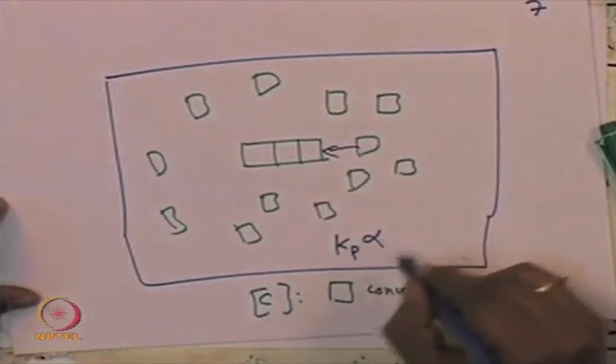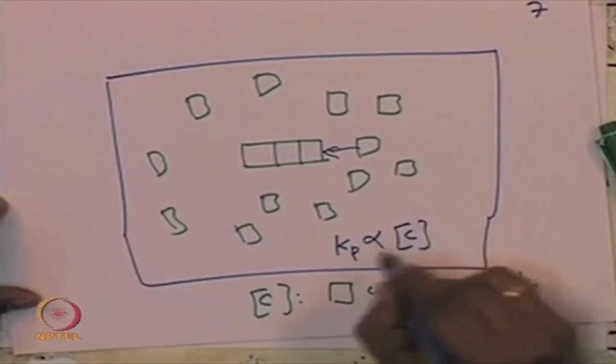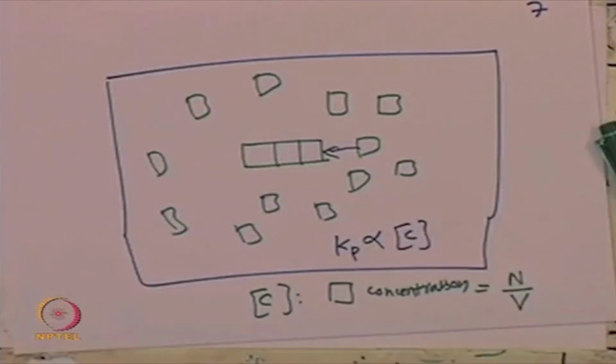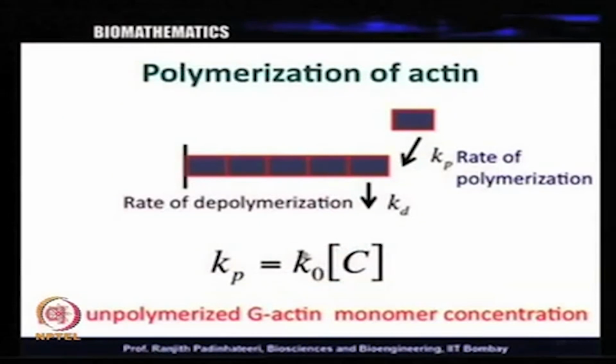So, this is directly proportional to C, and this proportionality constant is some rate k0. So, the rate k0 here is the proportionality constant.